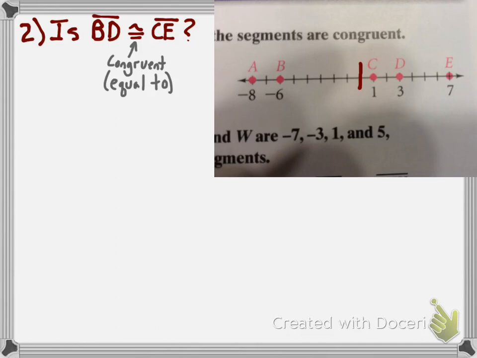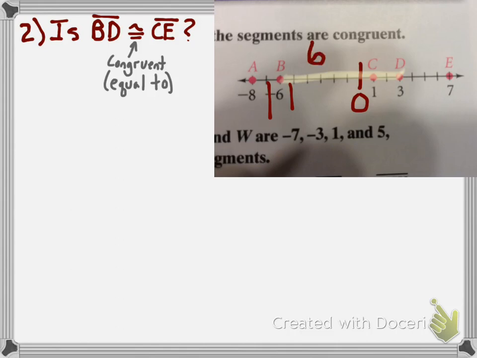We're going to find the length from B to D real quick. What I like to do is I find the absolute value of -6. I want to know how far away from 0, so this is 0, is -6. -6 is 6 away from 0.